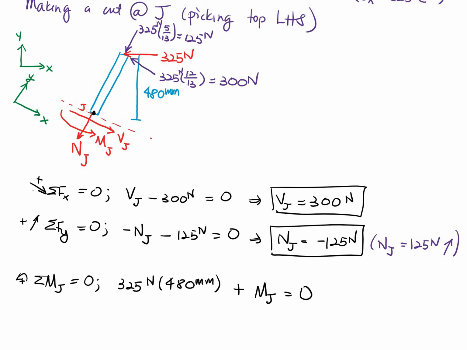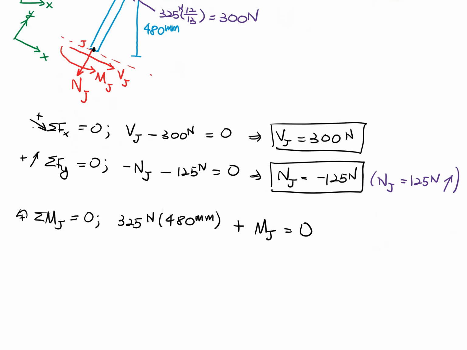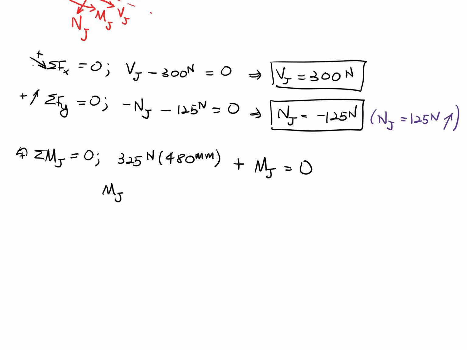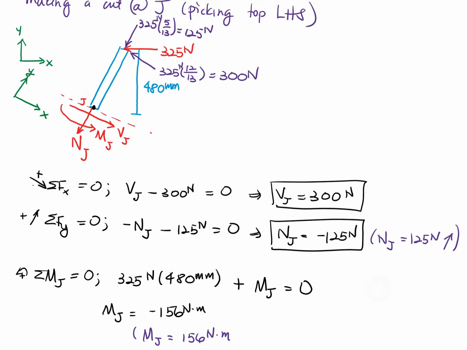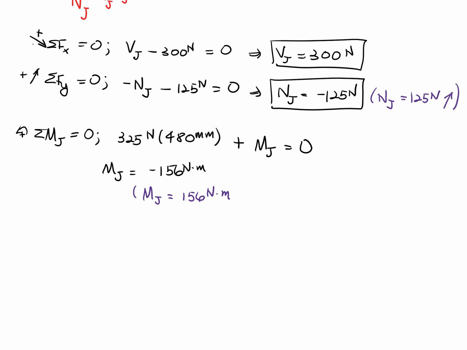If you come back here, you'll see that 325 multiplied by the perpendicular distance, 480, can be some moment about J. Everything else is running through point J, so it doesn't matter, which gives us moment at point J as negative 156 newton meters, or as I do in my trusted purple pen, equals 156 newton meters, and it is going in the clockwise direction.